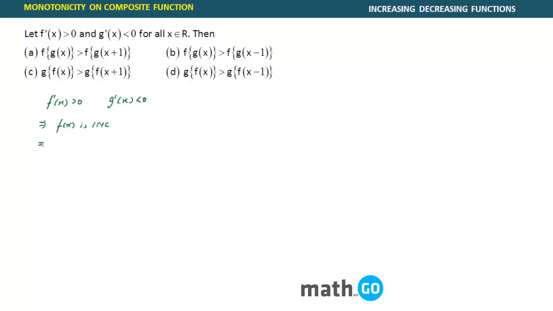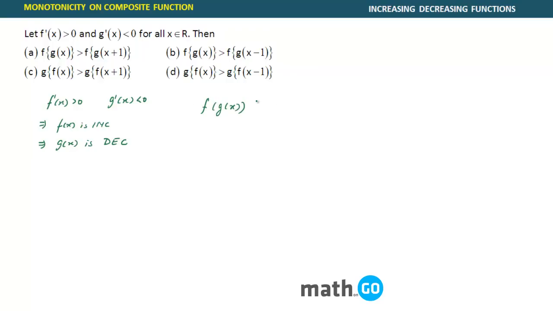And when g dash x is less than 0, g of x is decreasing. So these two properties are given to you in the question. Now you are asked to select which of the 4 options is or are correct. These are all composite functions, which is why I have written over here that the topic is monotonicity of composite functions. Okay, so now let us first of all understand what will be the behavior of f of g.